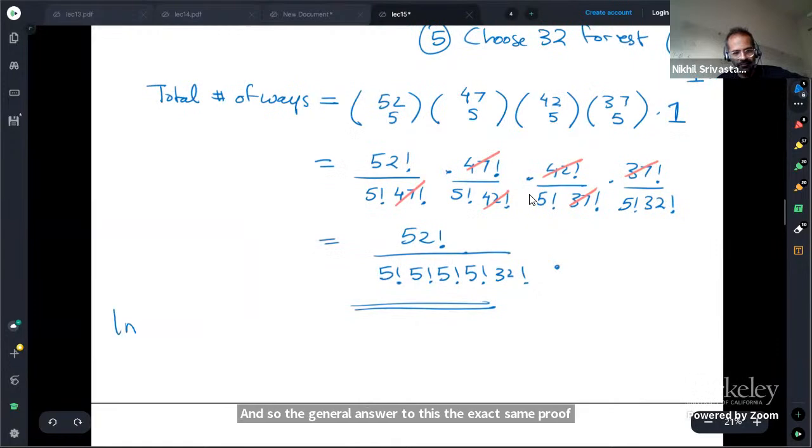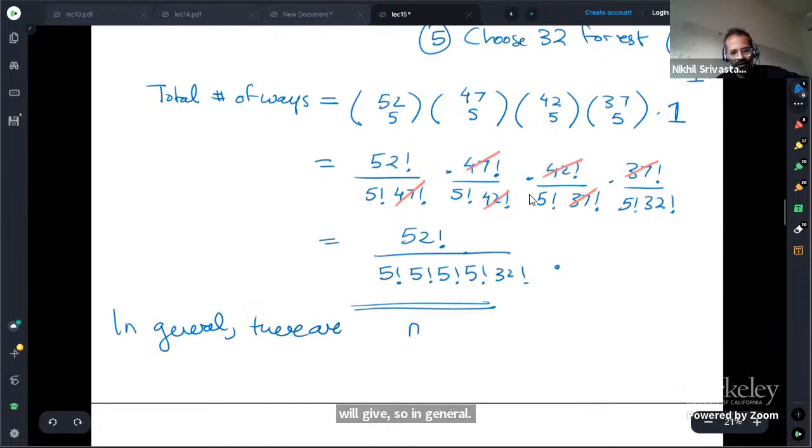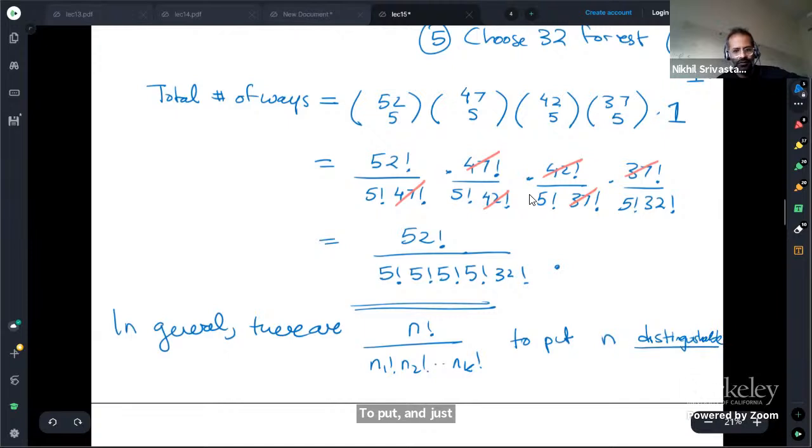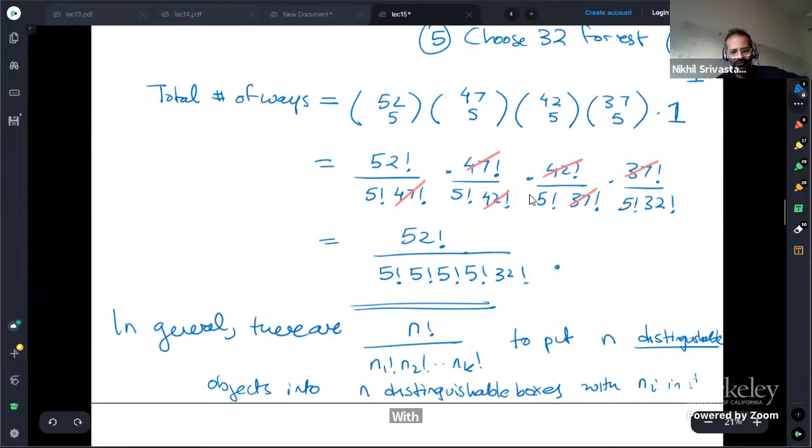So in general, there are n factorial over n1 factorial, n2 factorial, all the way up to nk factorial ways to put n distinguishable objects into k distinguishable boxes with ni in the ith box.